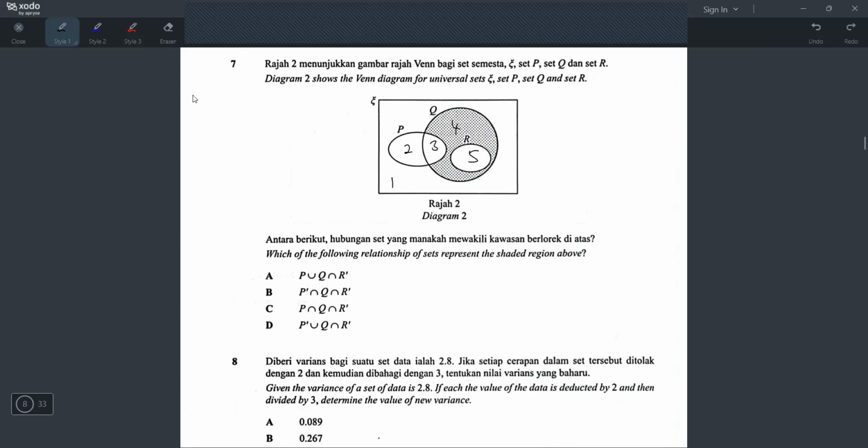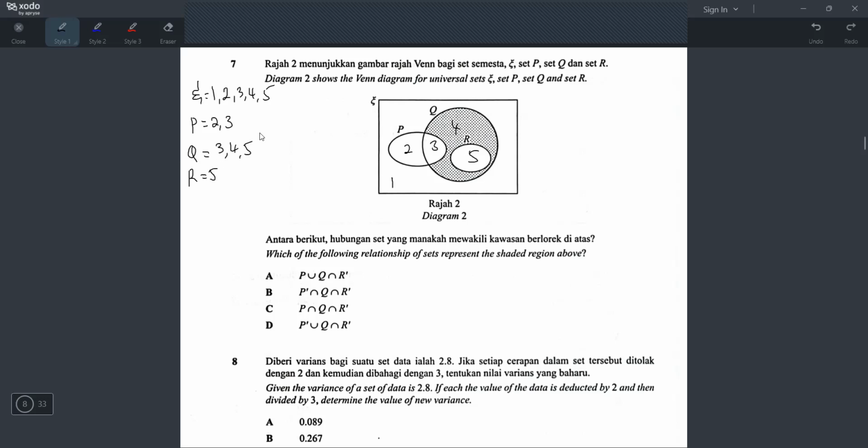So my universal set consists of 1, 2, 3, 4, 5. Inside P is only 2 and 3. Then Q will be 3, 4, 5. And R will be 5 only.